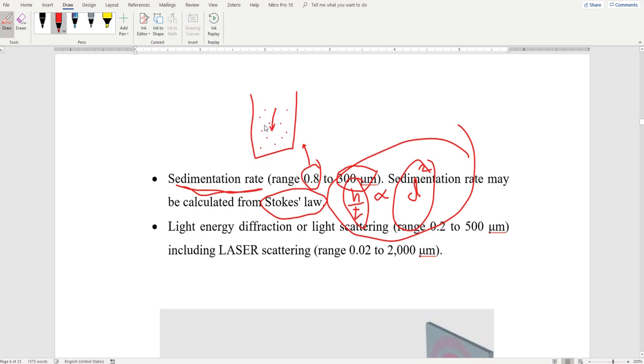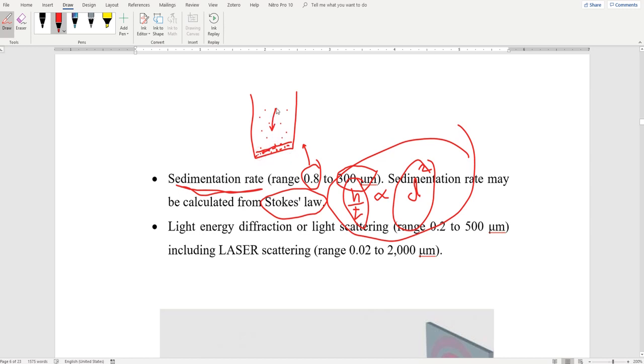There are no obstacles for the particles to sediment, other than of course the viscosity and the gravity. There is no obstacle for the particles to sediment to the bottom of the container.